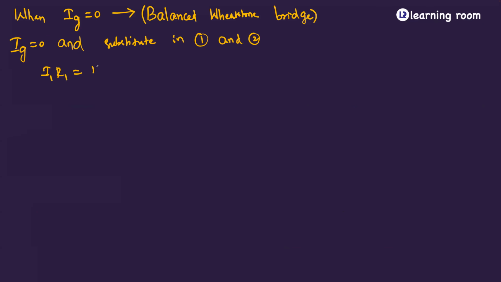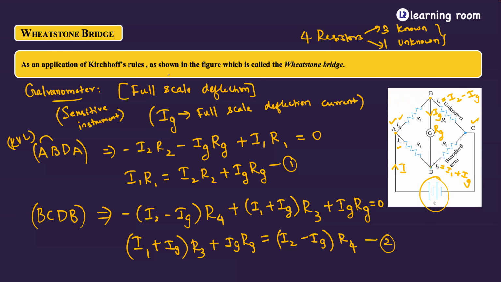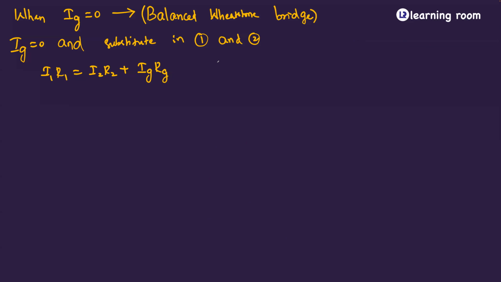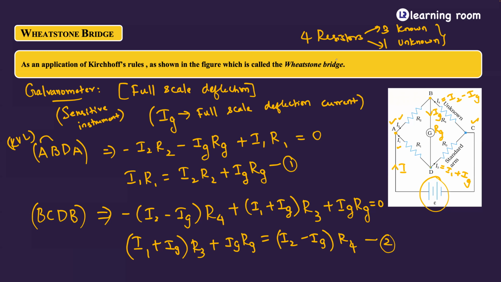Similarly, I1 plus Ig into R3 plus Ig into Rg is equal to I2 minus Ig into R4.